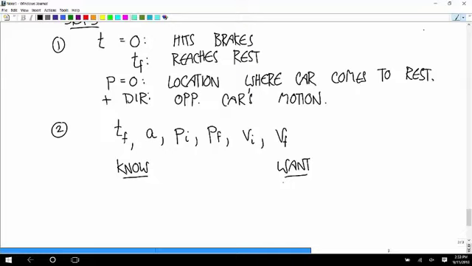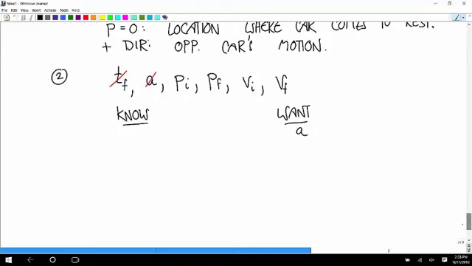Okay, so first, do we know time final? No, we still don't know that. Do we know the acceleration? We're still trying to find that. Do we know the initial position? We do, but it's not as simple as it was last time. If you think about the motion, the car is still going this way, right?